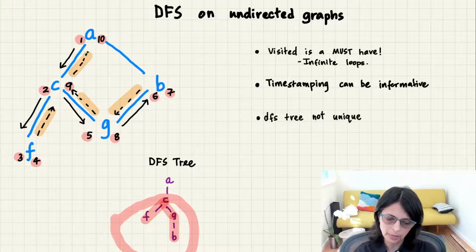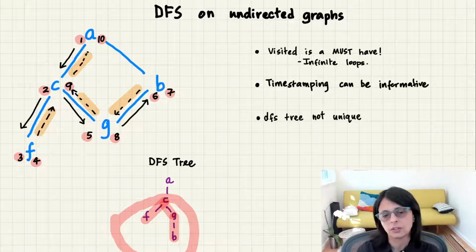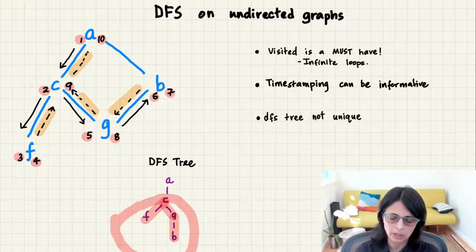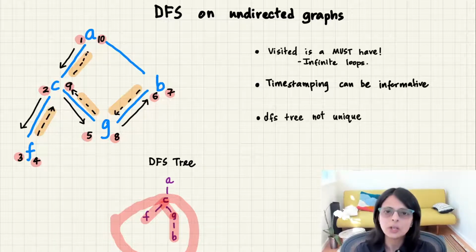The start time of C as DFS unfolded was 2 and the end time was 9. And this will be true for every node: you can determine the size of the subtree rooted at a given node in the DFS tree by looking at the start and finish time. It's finish time minus start time, divided by 2, and taking the ceiling of that.